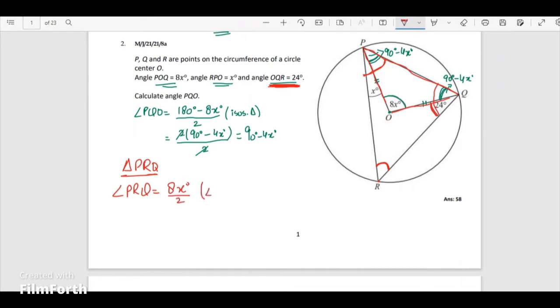Because the angle at the center is twice the angle at the circumference. So this would be 4x degrees. So now I know this is 4x degrees. So I now know all three angles in this triangle.